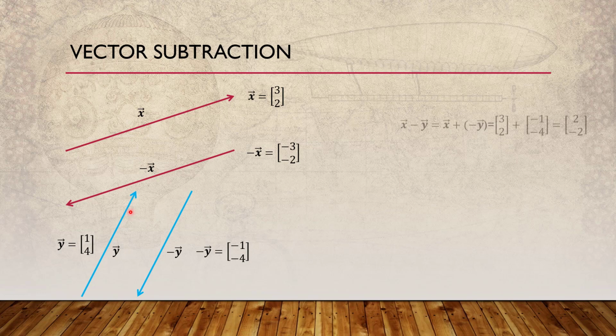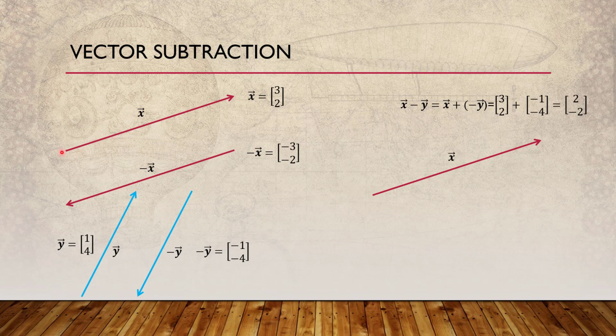Let's say I want to subtract y from x. I can rewrite this as x plus minus y. That means x is 3, 2 and minus y is minus 1, minus 4. So I'll get this guy over here.